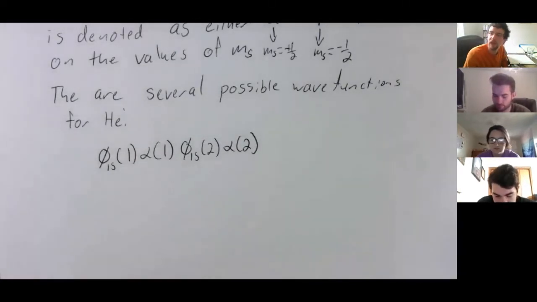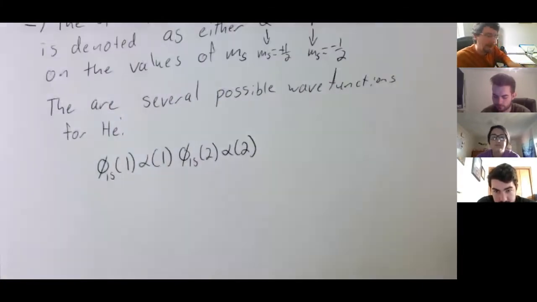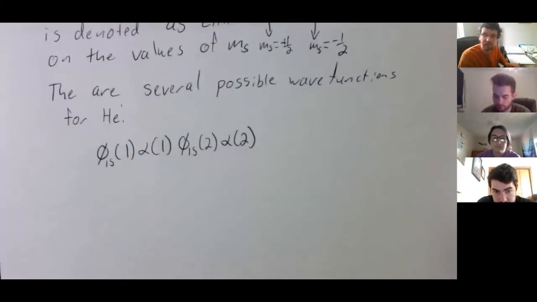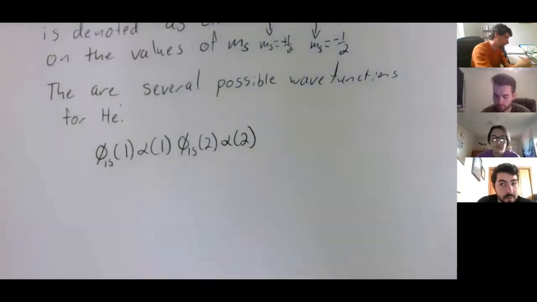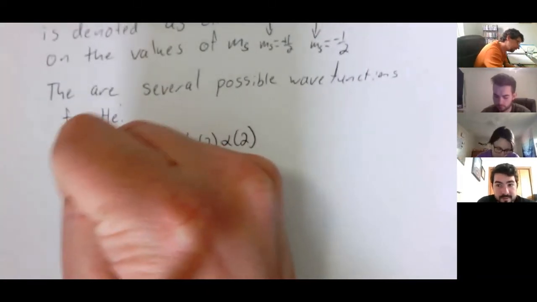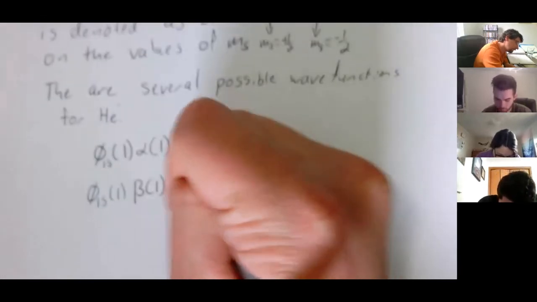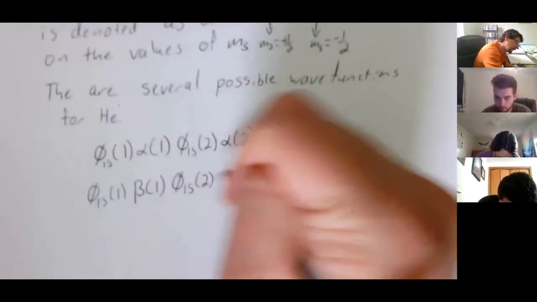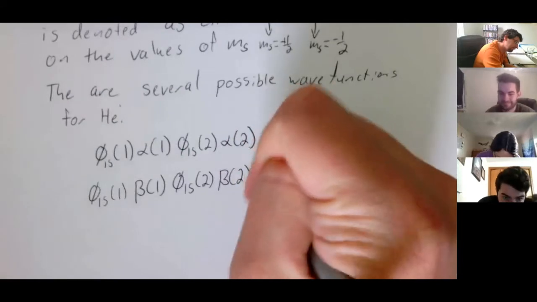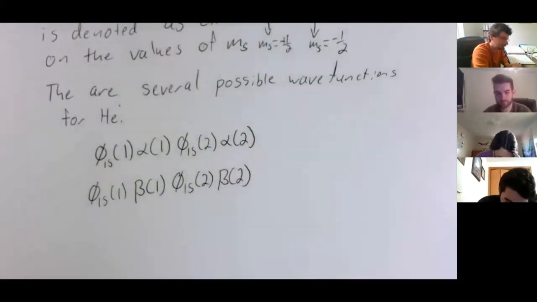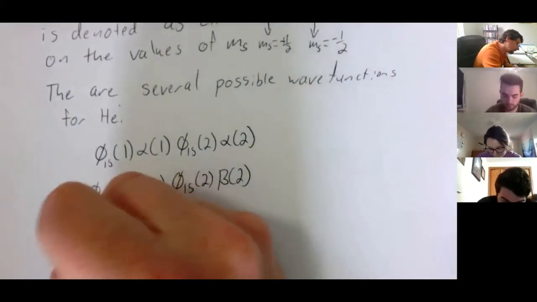Okay. Give me another possibility for the wave function. Changing alpha to a beta. Sure. Okay. Give me another one. 1 alpha, 1 beta. Okay.